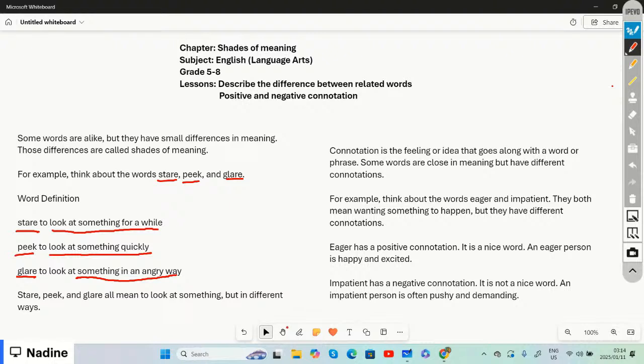Yes, all three of those words mean to look at something, but it is to look at something in different ways. When you stare at something or someone, you look at it for a while. Once you peek at something or someone, you look at it quickly. And once you glare at something or someone, you're looking at it in an angry way.